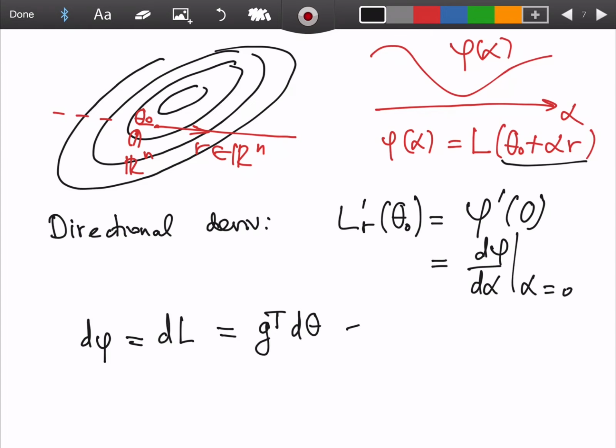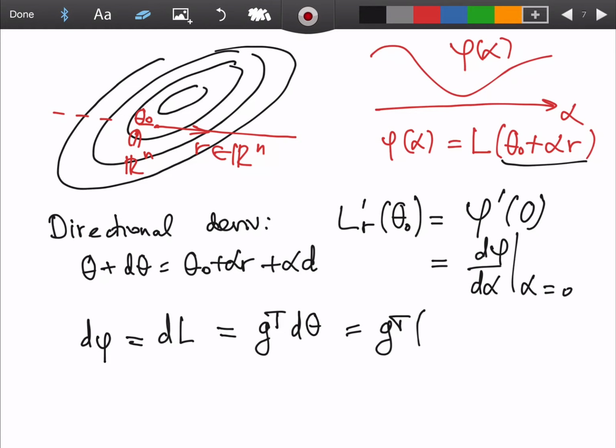Theta plus d theta equals theta 0 plus alpha r plus d alpha r.